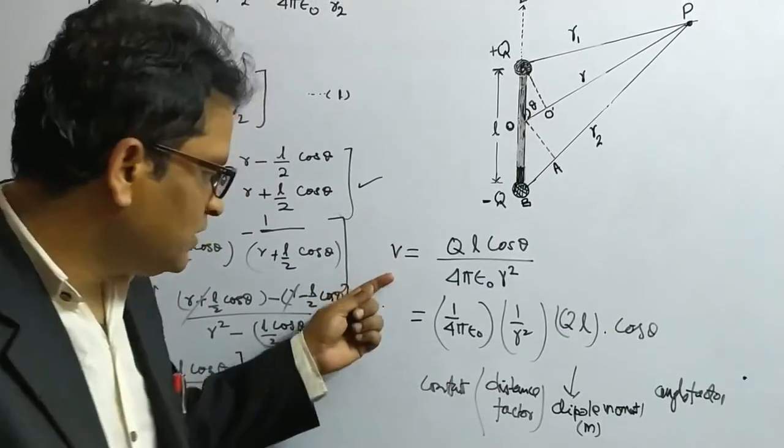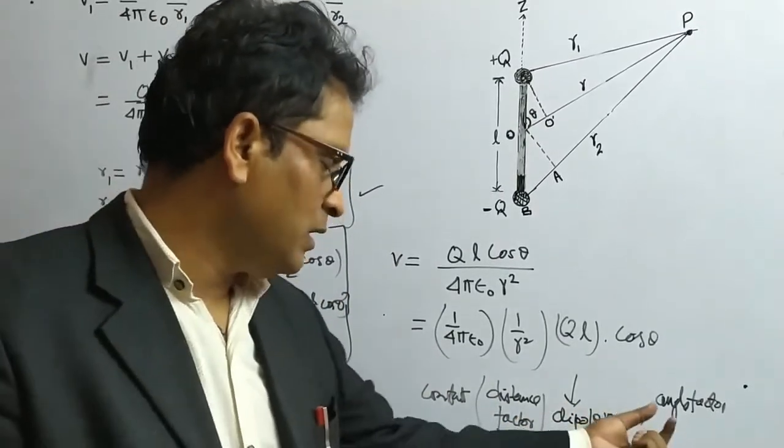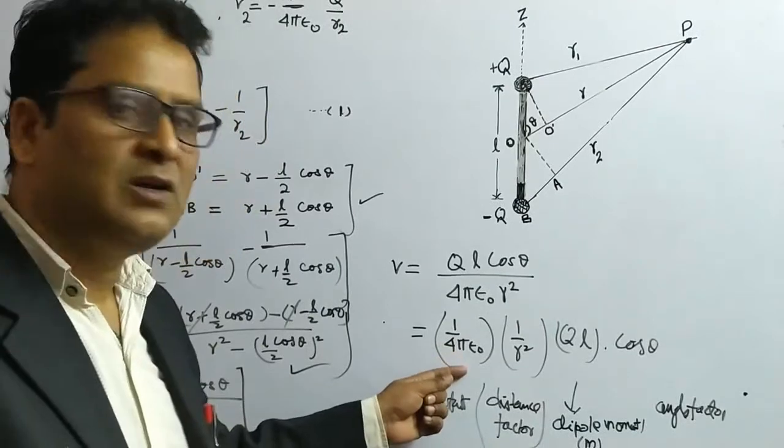So as you can see, potential depends on the distance factor, dipole moment and the angle factor, this term being constant.